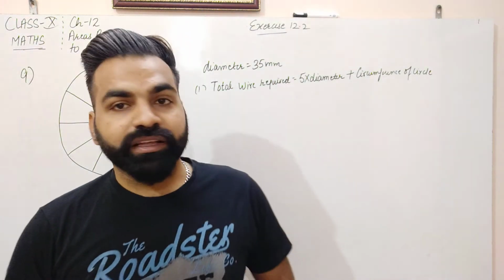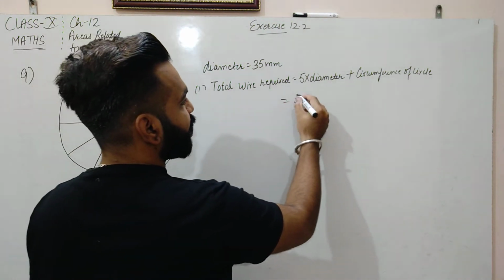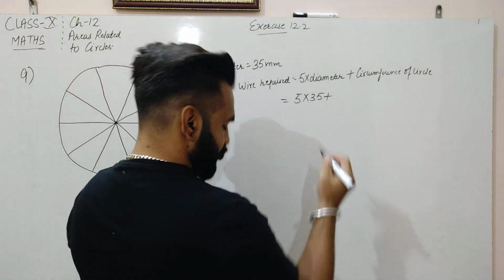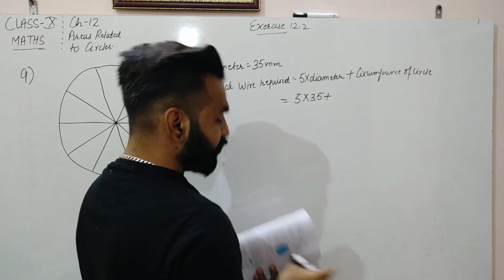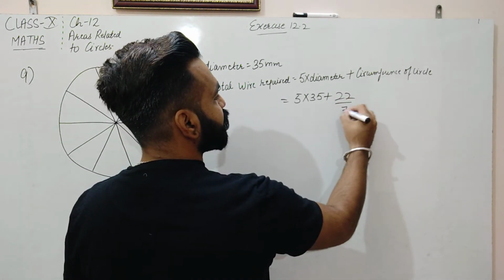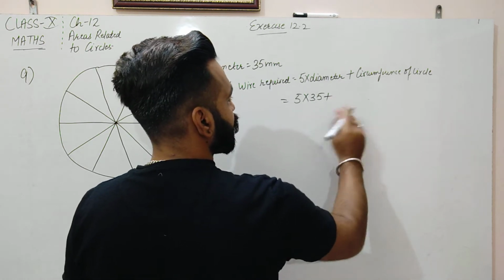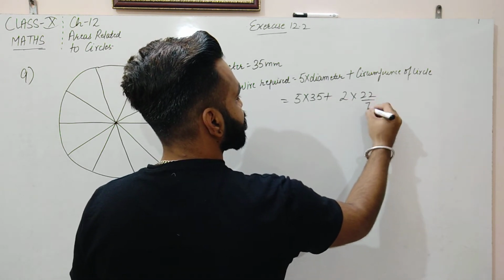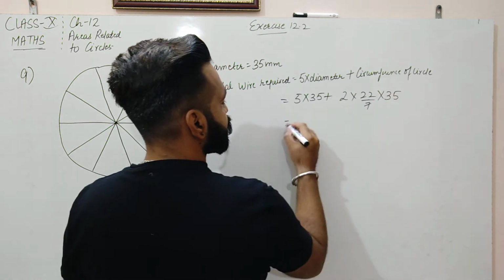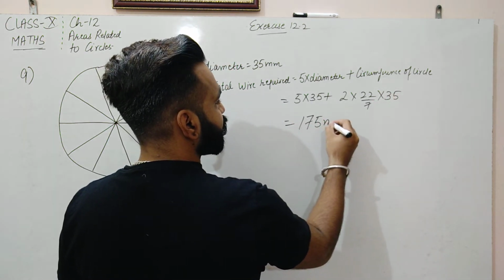So now we will put the values here. 5 into 35 plus, pi is not given, so we can take 22 by 7 into 2 pi r, that means 2 into 22 by 7 into 35. So this will be 175 millimeter.